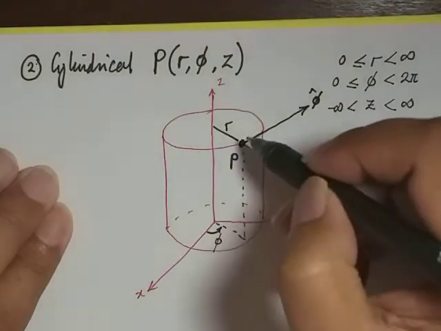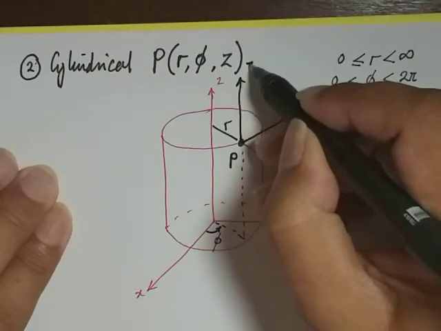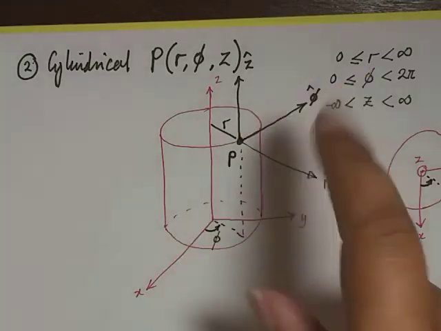And finally, the unit vector z, just following what we defined before in Cartesian, is pointing upward. Okay, that should be how we define the unit vectors r, phi, z based on the cylindrical coordinate system. So what we're going to do next, we're going to ask ourselves what happens when point P shifts to P prime.